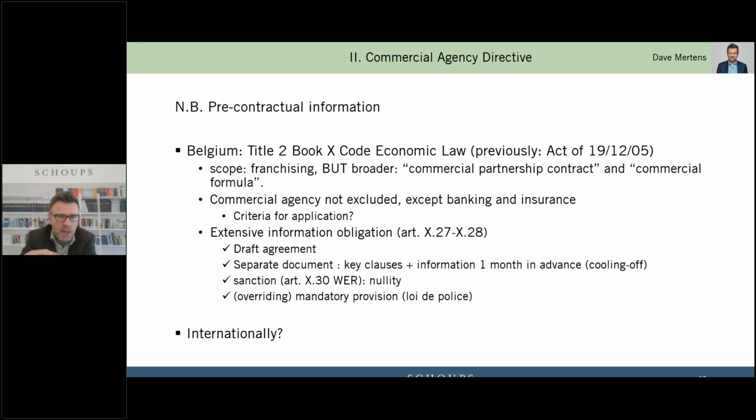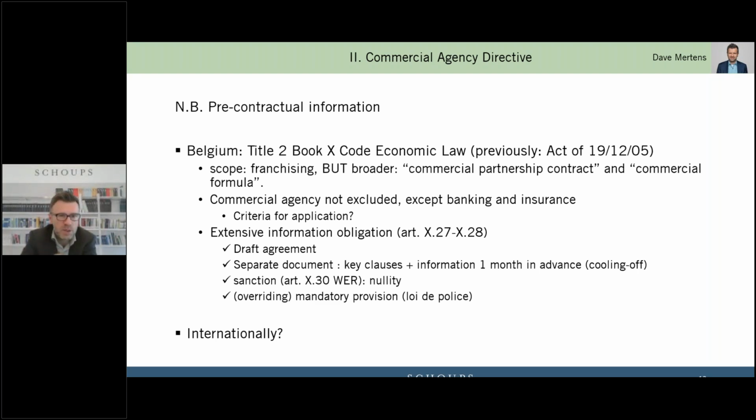Specific here for Belgium, in Title 2, Book 10 of the Code of Economic Law, previously the Act of 2005, the Pre-Contractual Information Act of 2005, the idea was to focus on franchising. If I look at the preparatory works, we talk about franchising, mostly quick and problems there.